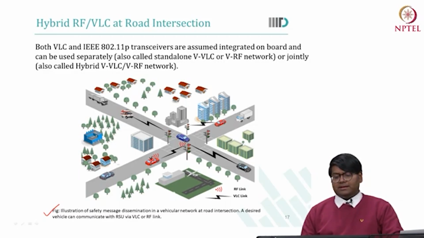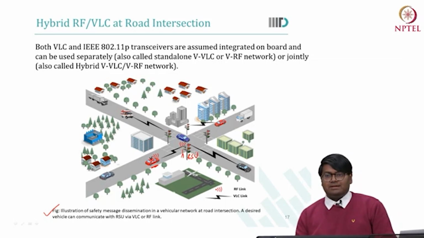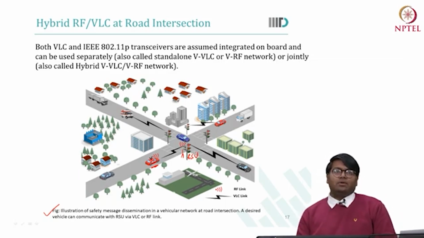So this is basically the figure where we show how the safety message dissemination in a vehicular network occurs at the road intersection. The communication between this vehicle and this RSU can happen either through a standalone VLC or a standalone RF or the combination of both, what we call a hybrid VLC RF network.